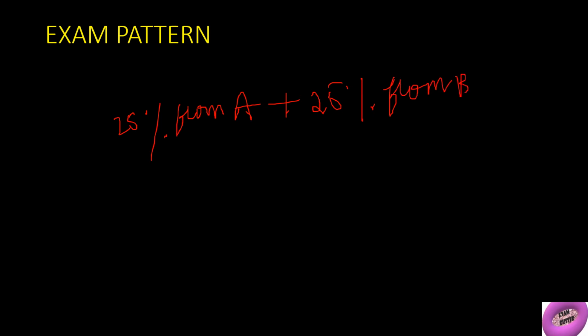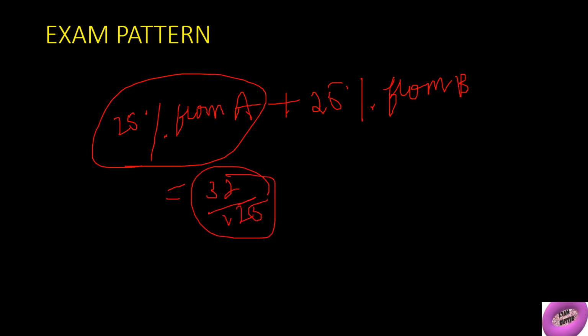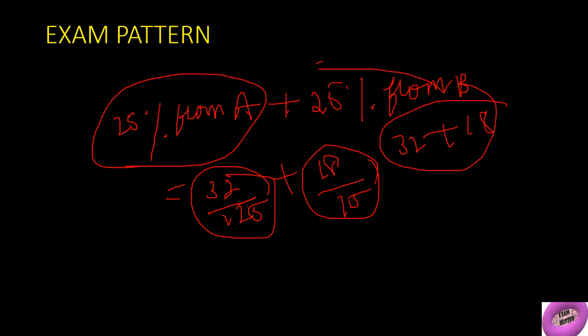Qualifying marks are 25% from Part A plus 25% from Part B. That is 32 out of 125 from Part A, plus 18 marks out of 75 marks from Part B. So 32 plus 18 are the qualifying marks for NATA.